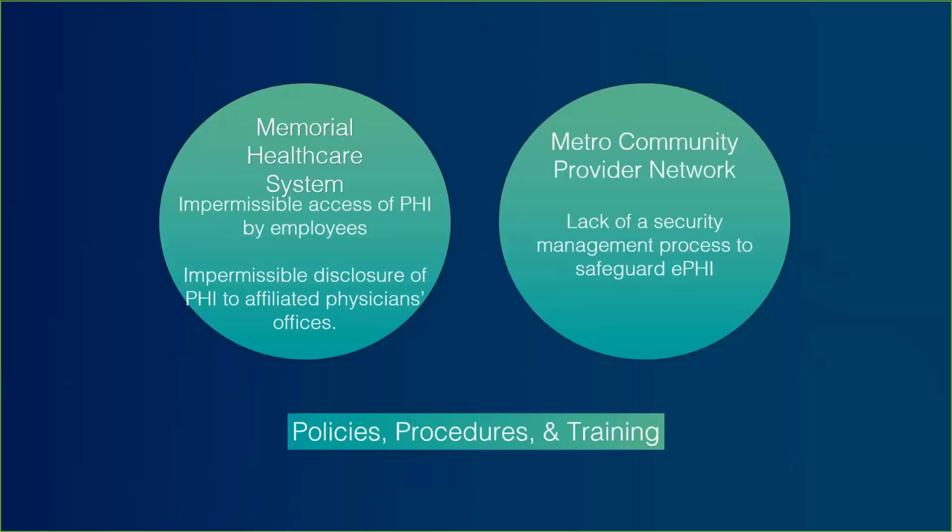Have policies to ensure that it's clear what the expectations are from your organization regarding safeguarding PHI. Have a procedure so people know how to implement the policy. And then have training to ensure that any other kinks are worked out, that everyone has the correct access, and everyone knows exactly what steps to take to follow the procedure correctly.